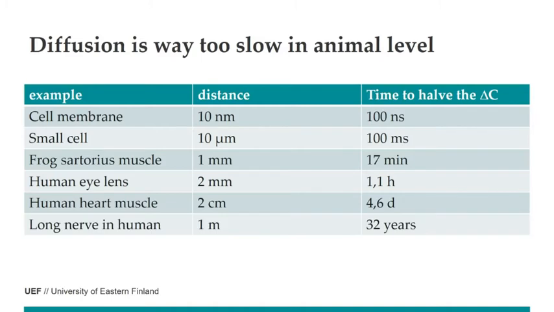Or we have long nerves from the thumb of our leg all the way to our pelvis. It takes 32 years to halve the concentration difference. So we can't rely on diffusion in our cells.